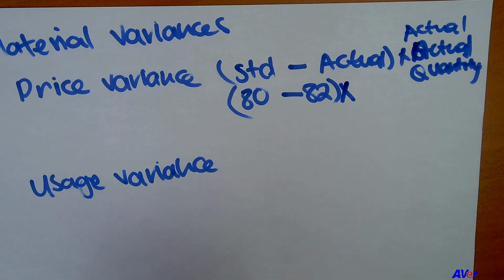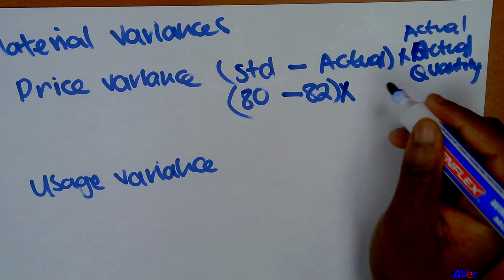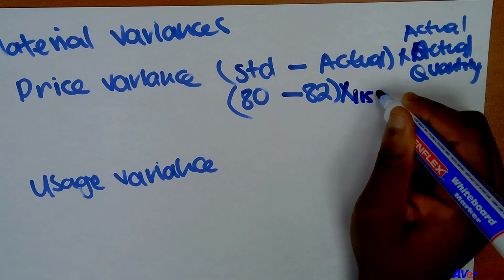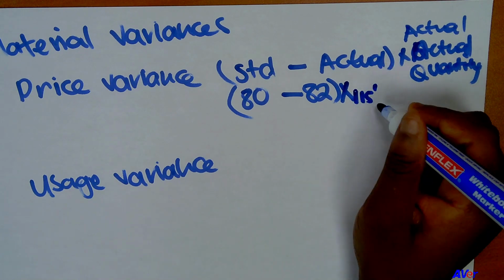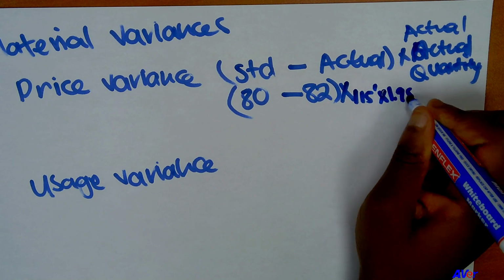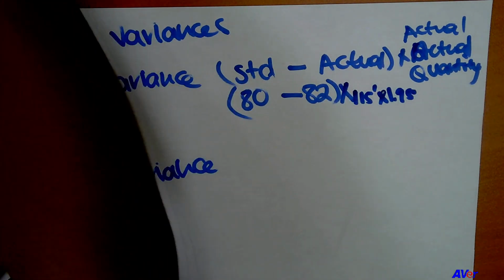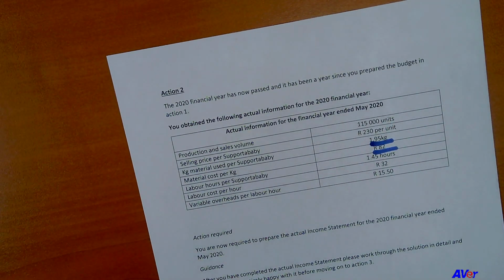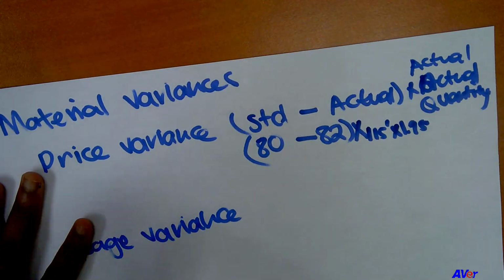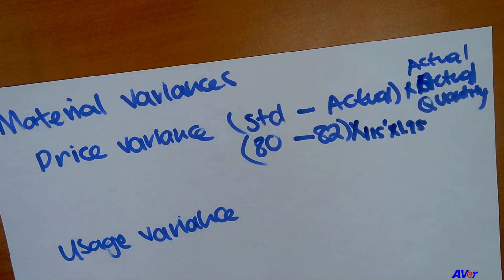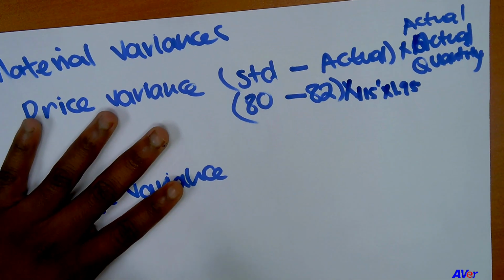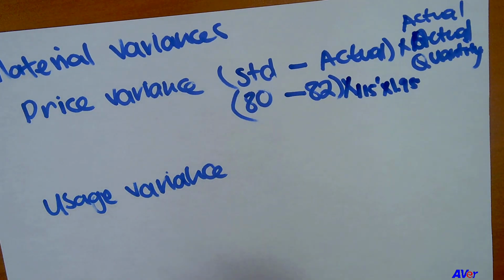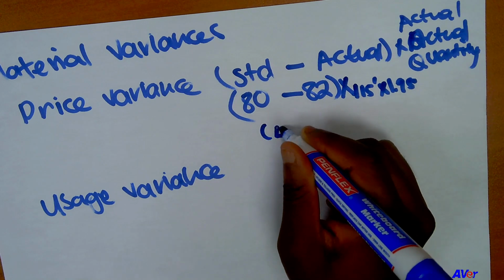So if we want to find out what the actual kilograms are, we'll obviously say the 115,000 there, multiplied by 1.95. If you remember, the 1.95 is actual. So we've used this 1.95 as what you've actually used, because we just want to quantify what did that mistake of 2 rand cost us. He's saying no, it's only 2 rand. So now we're quantifying and we just want to know what the mistake actually cost us. And if you do that calculation, you will see that your answer is 448.